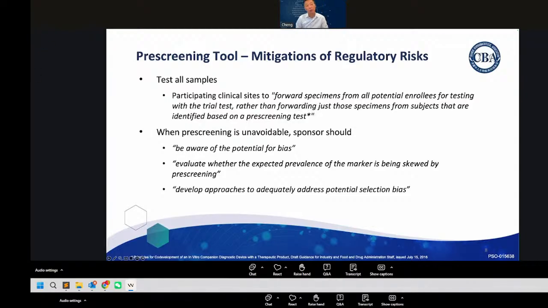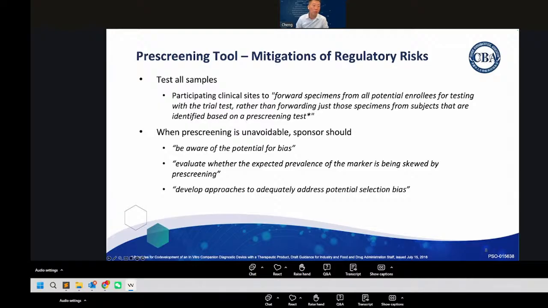There are certain mitigations provided in the FDA guidance document. For example, one approach is to test all samples, not only the patients who were forwarded for central testing, so that a certain level of negative patients will still be tested if not all patients are tested.